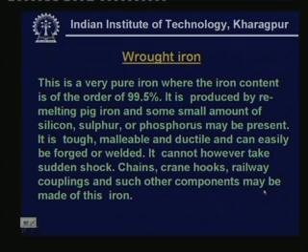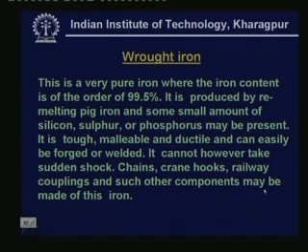As I told you, we will be talking about this later, but at this moment we understand that toughness means a certain amount of ductility and strength combined. Malleable, as you know, is the property by which you can make it thinner and thinner, and ductile means it has a good percentage elongation.